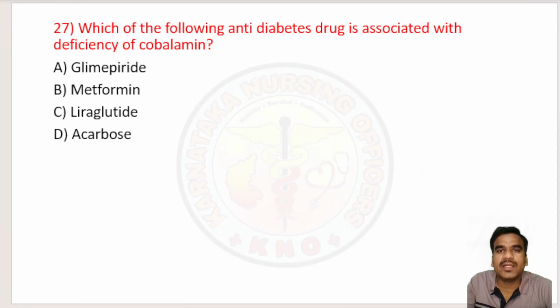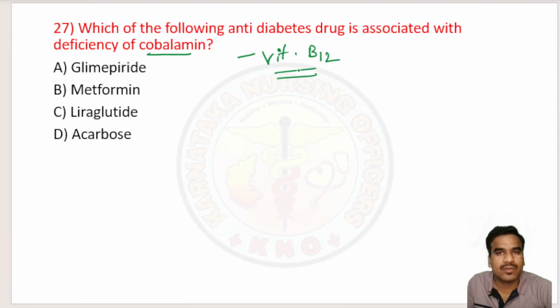Which of the following anti-diabetic drugs is associated with deficiency of cobalamin, that is vitamin B12? This is a very important advanced question and we can expect anything. Option A is glimepiride, option B metformin, and option C liraglutide and acarbose.